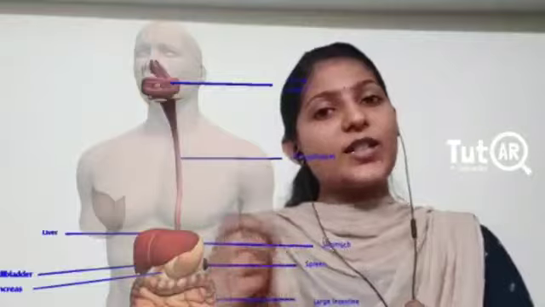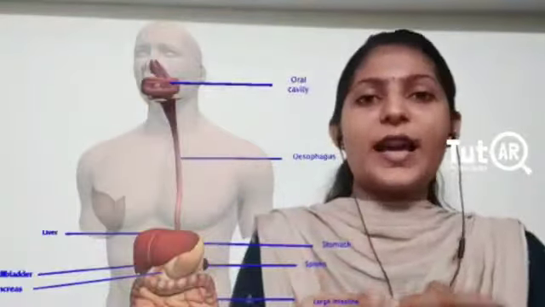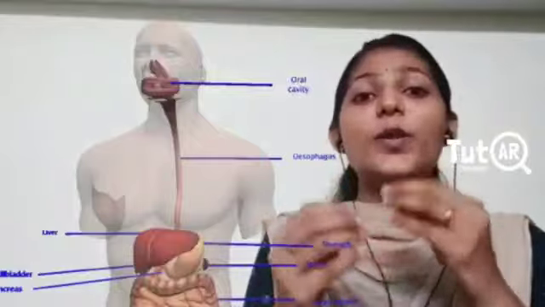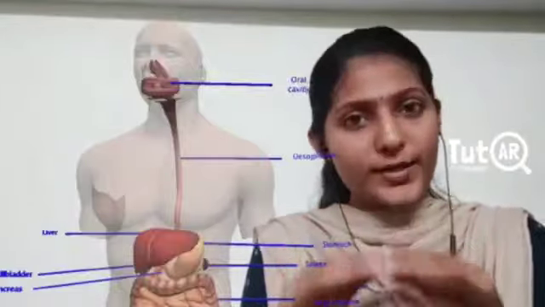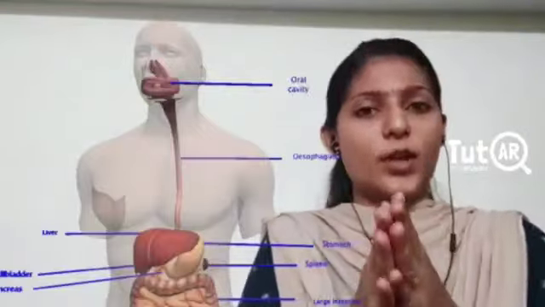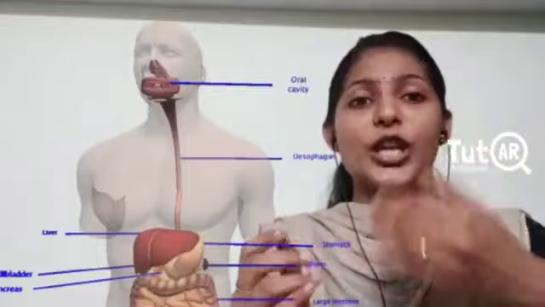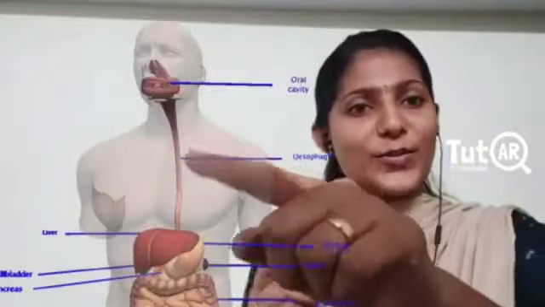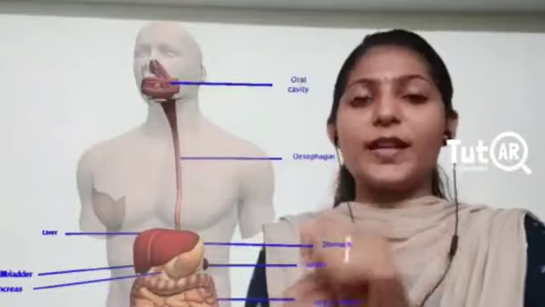Now this starch is broken down into sugar, and after that the food is converted into a semi-solid material called bolus. This semi-solid bolus is now pushed into the esophagus. As you see here, from the mouth the food is passed through the esophagus.